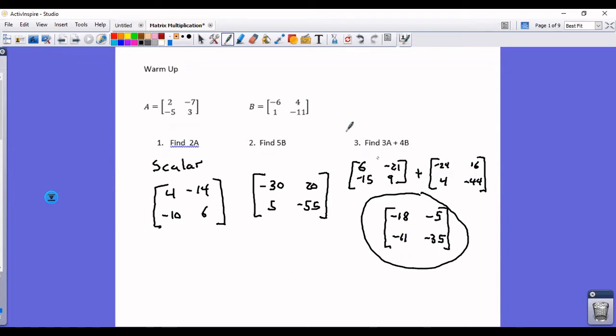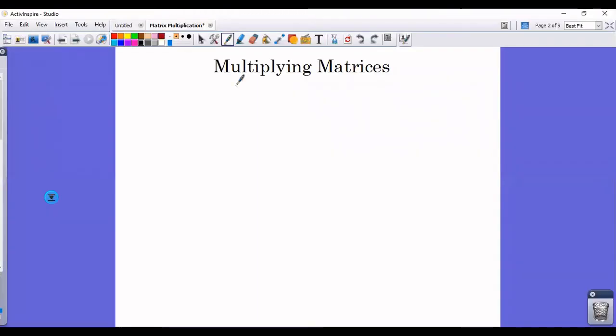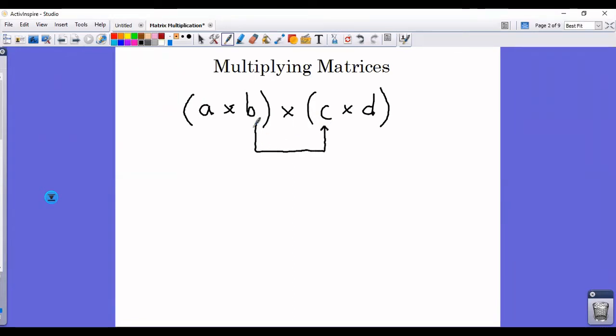All right. So, moving slowly to the next slide. Matrix multiplication does not work like you think it should. You can't just multiply across like we do add and subtract. When you multiply two matrices, when you have an A by B matrix and you multiply it with some matrix that is C by D, first thing, these two numbers have to be equal.